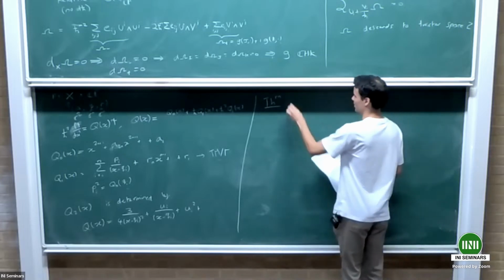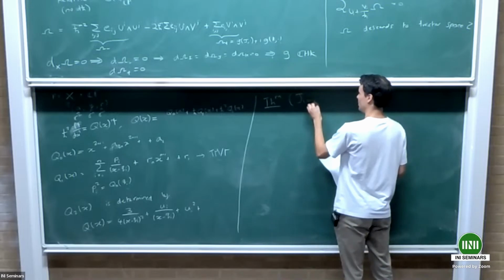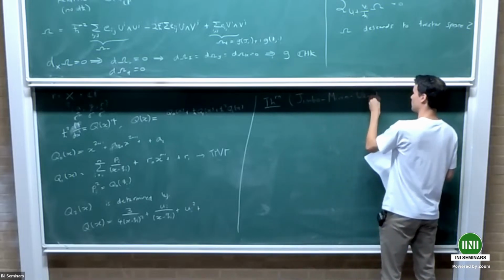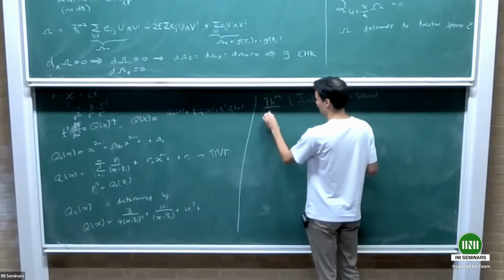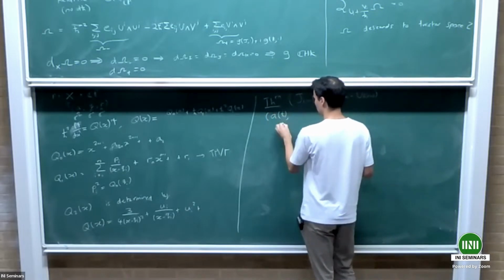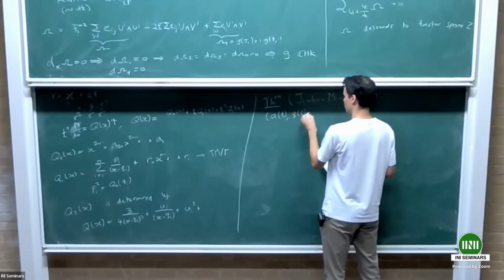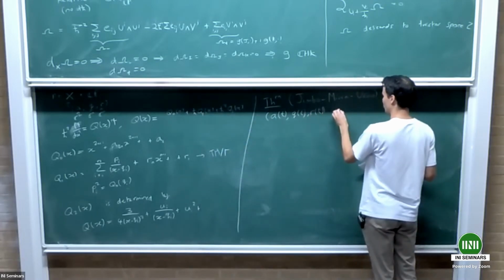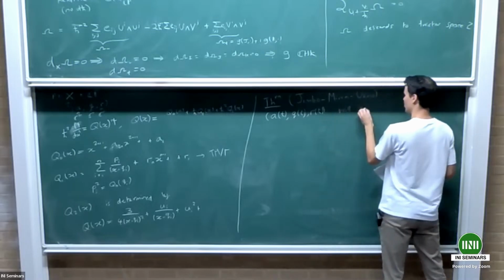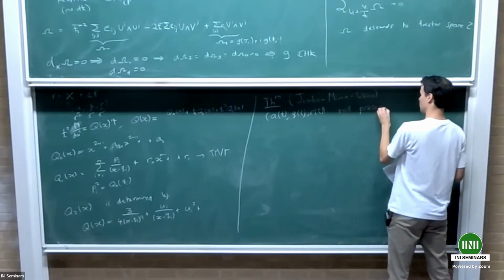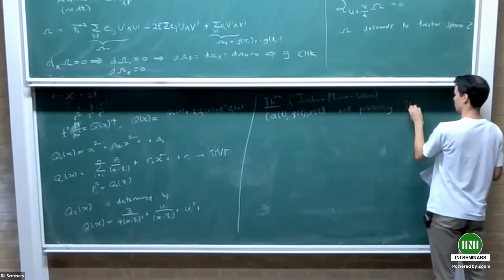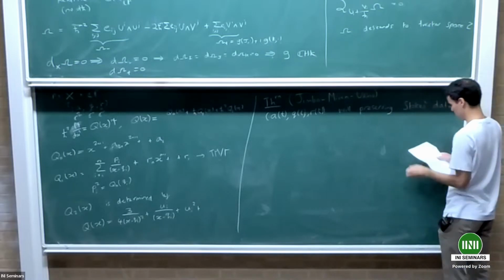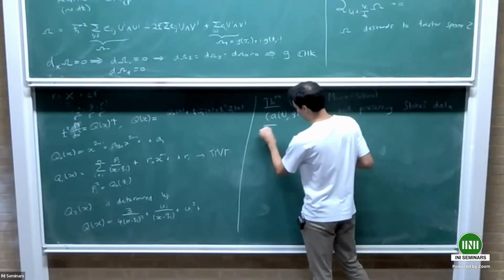So this theorem is due to Jimbo, Miwa, and Ueno. And it says the following thing. So if I have some path in my space of ODE, this path will be preserving the Stokes data if and only if the following equation is satisfied.